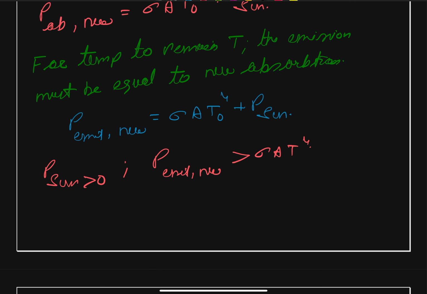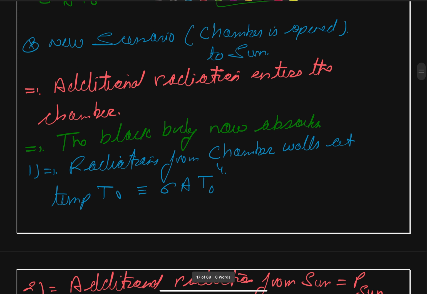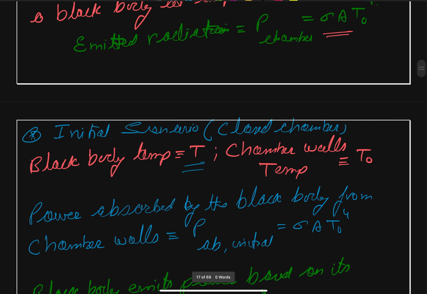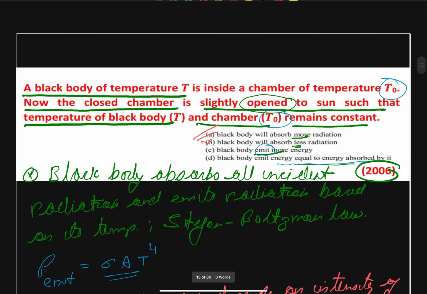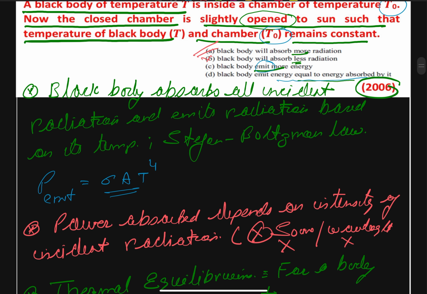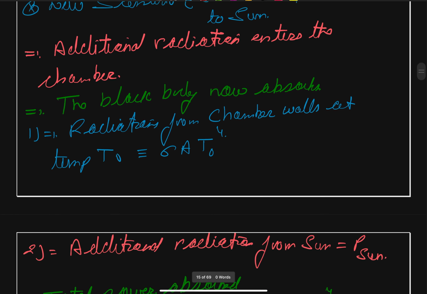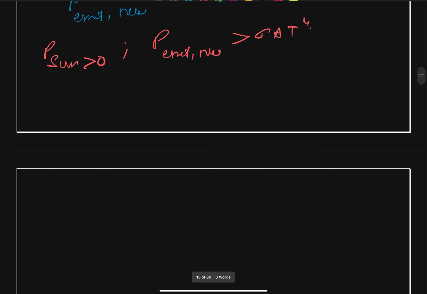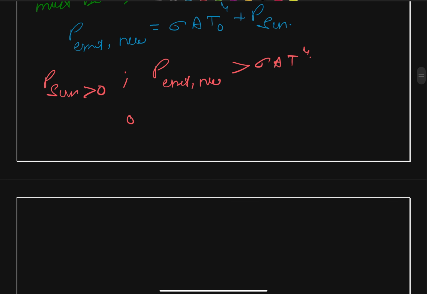Sorry, my mistake. I thought that the option is written as equal, but the correct one is written as greater than. Therefore, we can say that the black body emits more energy. So option C is also correct.